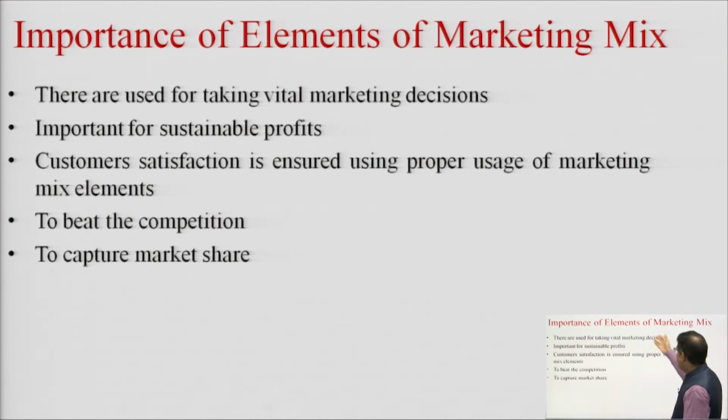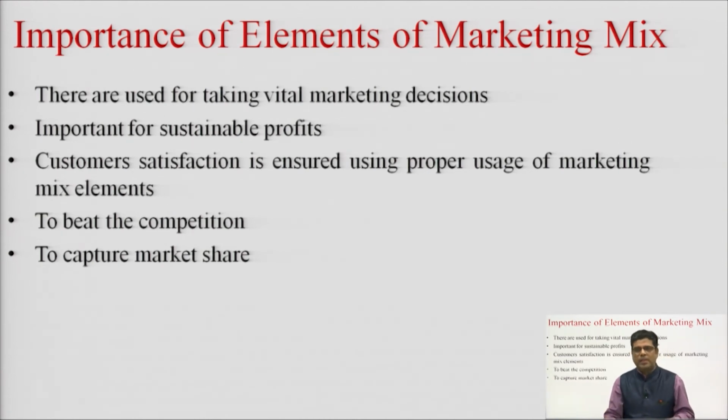Importance of marketing mix elements. These are used for taking vital marketing decisions. You have to take decisions related to pricing, packaging, the product offering, what discounts to give, how to advertise, etc. So, there are important decisions which are to be taken, and these decisions are important for sustainable profit. So, if you take the correct decisions, the company's profits go up.